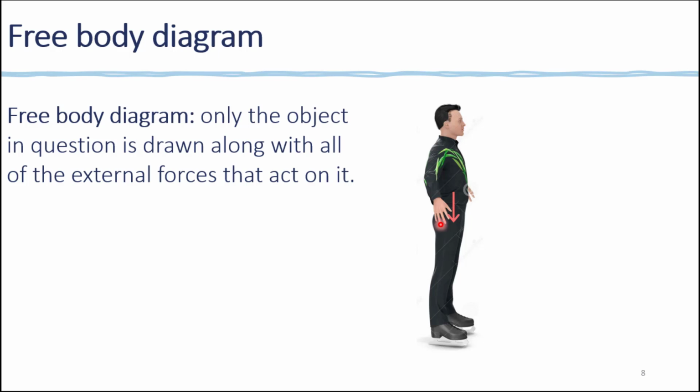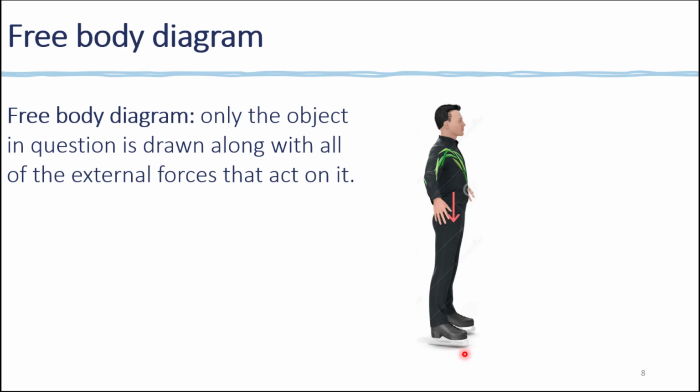Now, the force of gravity can't be the only force acting on the person. Otherwise, he would be accelerating downwards at 9.81 meters per second squared as a result of this force of gravity. Because this person is not accelerating downwards, another force must be acting that cancels out the effect of the force of gravity. The person's skates are touching the ice and exerting a force on the ice.